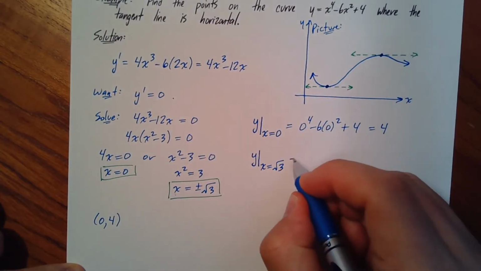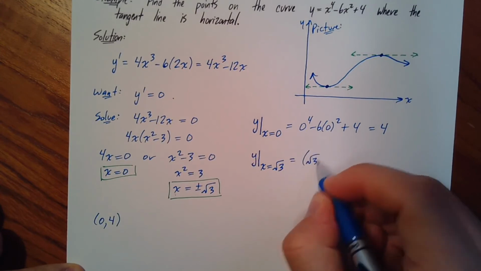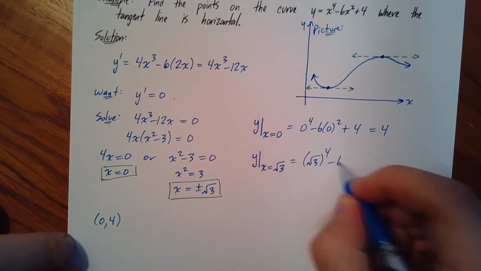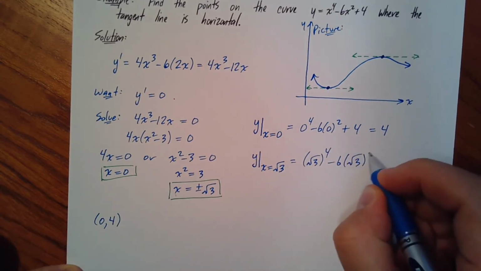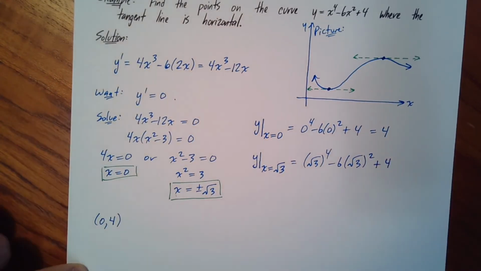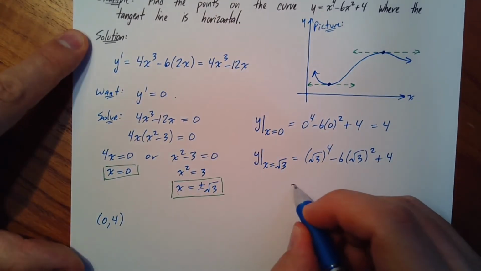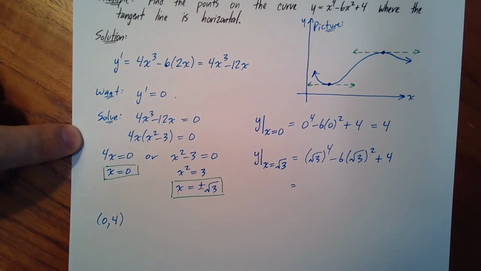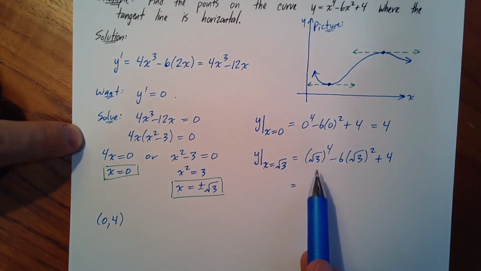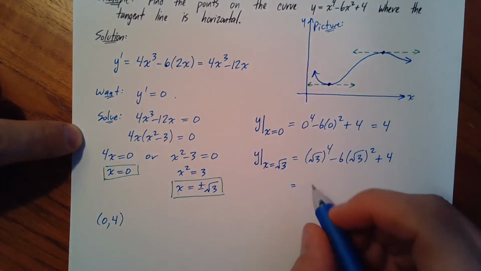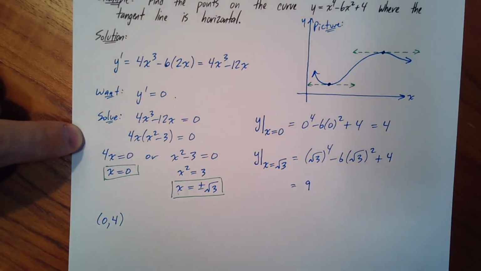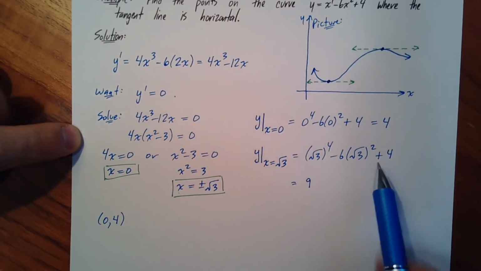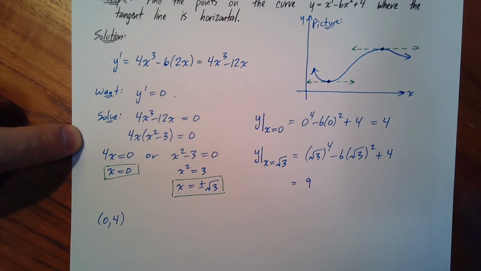Okay, so we'll have root 3 raised to the 4 minus 6 times root 3 squared plus 4. So what will that give us? We'll have root 3 raised to the 4. That's really just 3 squared, which is going to give us 9. And the square root of 3 squared, the square and the square root cancel out and give you 3.